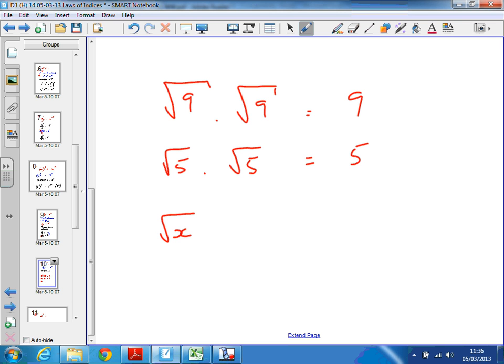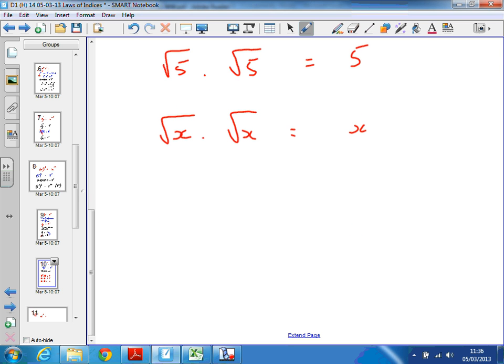The square root of x multiplied by the square root of x gives x. Whatever the number is, it doesn't matter. I multiply it by itself, I get the number x.